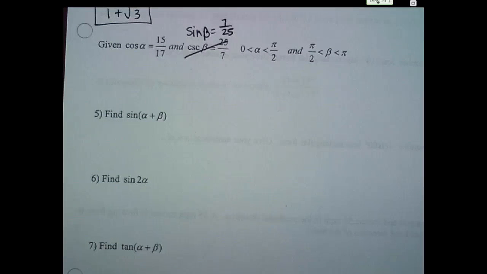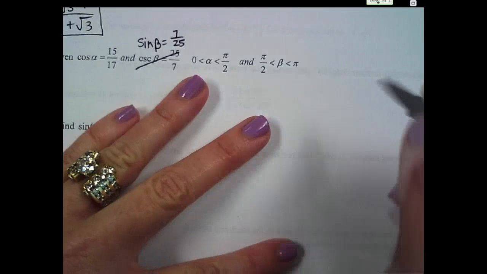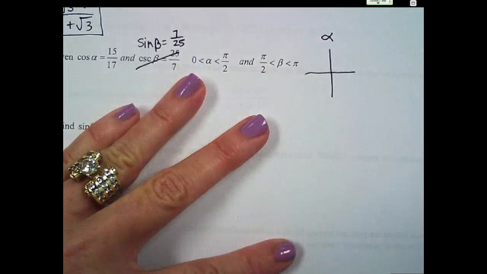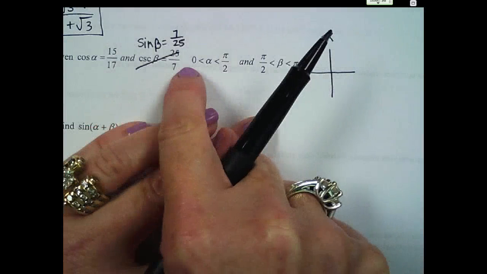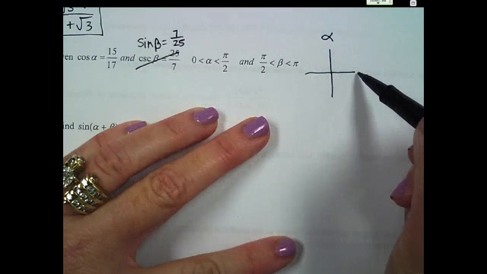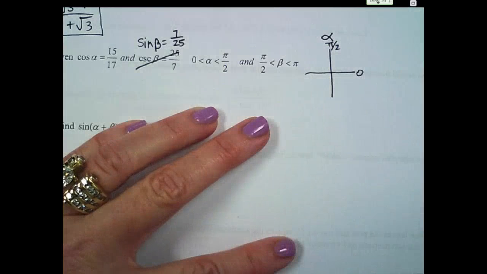Now, it will give you information about alpha and beta. So let's draw a picture of alpha first. So here's your triangle. Here's alpha. The first thing it tells us is alpha is between 0 and pi over 2. So this would be 0, remember, and this is pi over 2. So I know it's in quadrant 1.